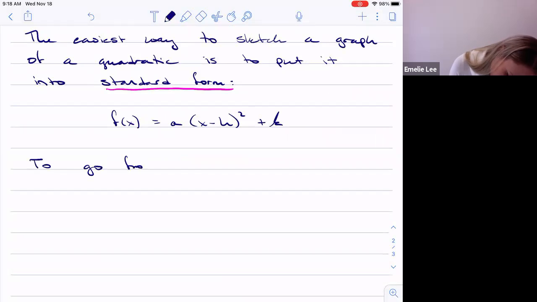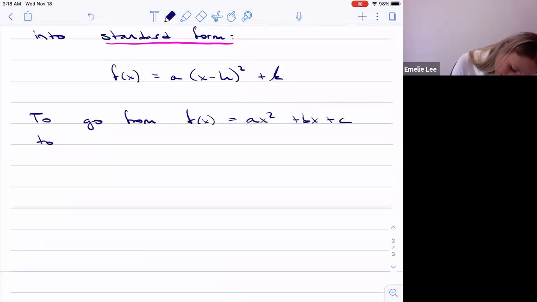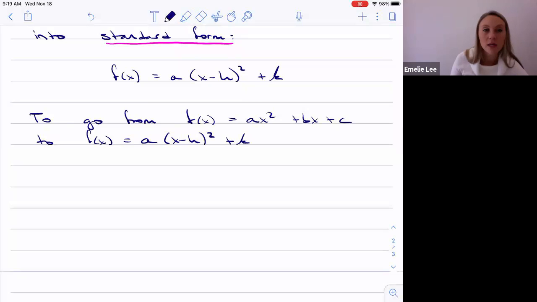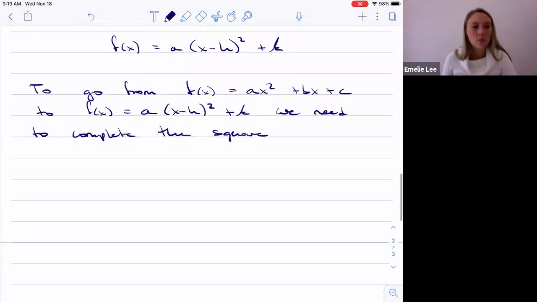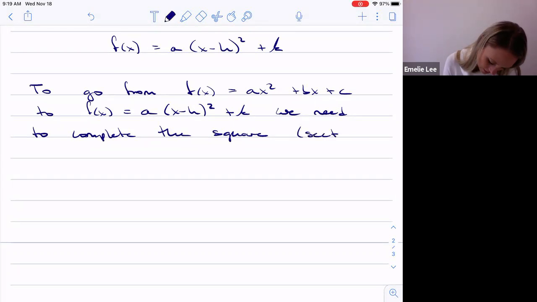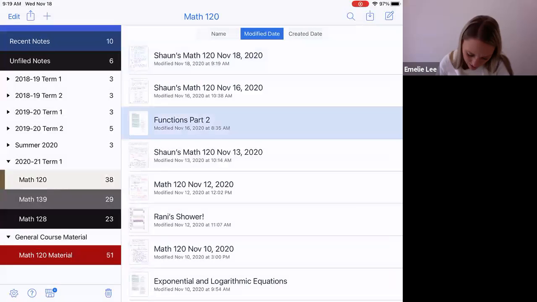To go from f of x equals ax squared plus bx plus c to f of x equals a times x minus h squared plus k, we need to complete the square, which is from section 1.5.